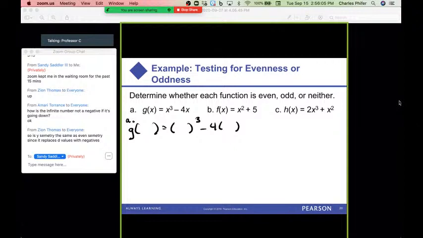Actually, I'm going to need more space than this. Let me clear this out, add a page, and get a copy of this. I'm going to take this and copy.